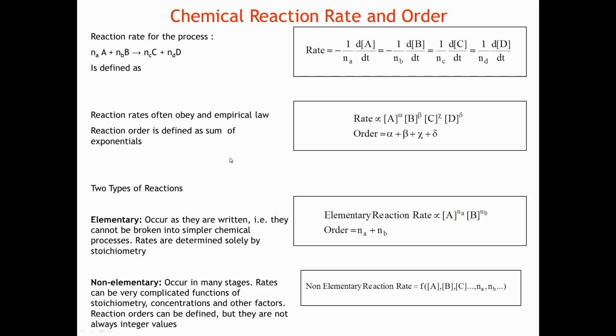The reason they're normally all described in an empirical way is that they're all essentially discrete individual reactions that have quite a complex dependency on their electronic structure. So the rate is proportional to a concentration raised to a finite power. And the order of reaction is the sum of those powers.